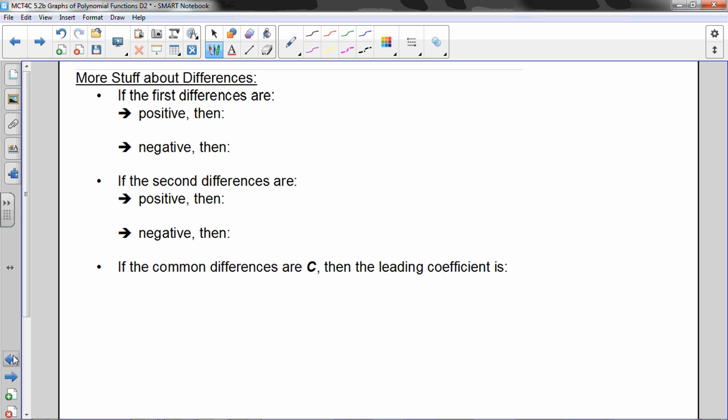Now, more stuff about differences. If the first differences are positive, then what's going on? The graph is increasing. And I'll show that in a second. If it's negative, the graph is decreasing.